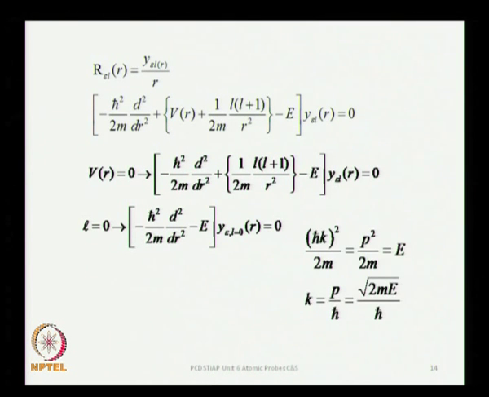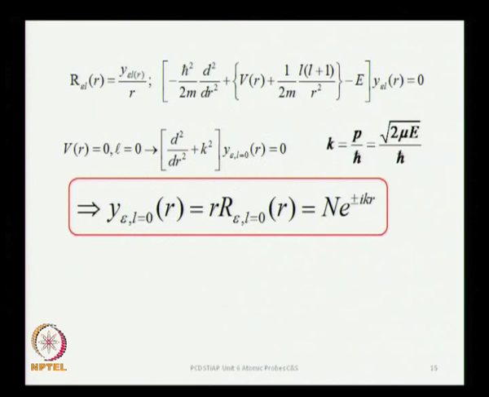The solution you can write in terms of k, and this solution is essentially e to the plus or minus ikr. This is the solution to the differential equation for y. Now this e to the ikr is a combination of cosine and sine functions.